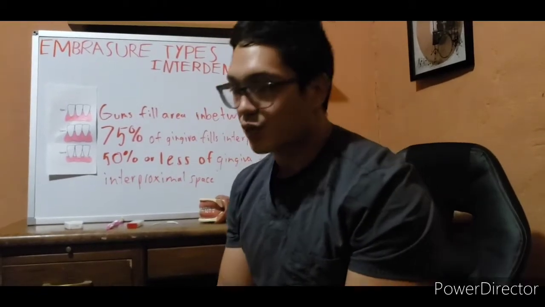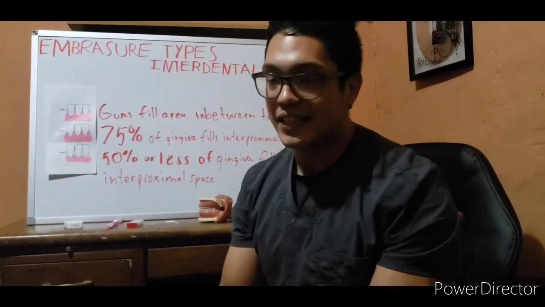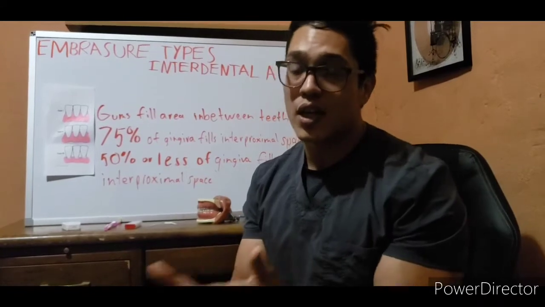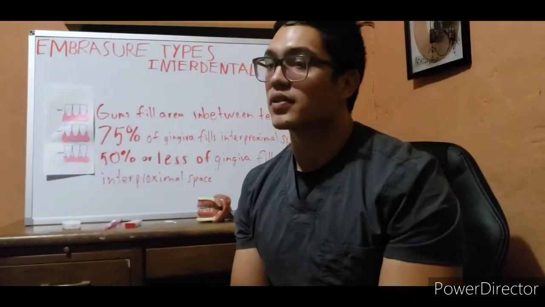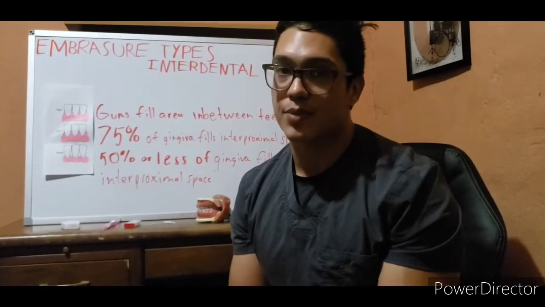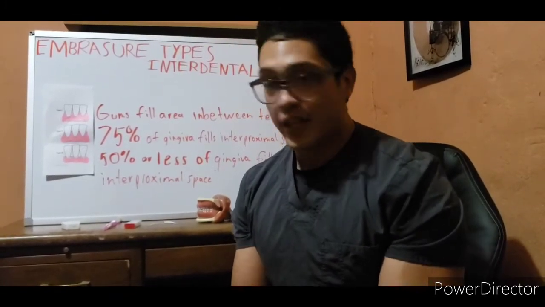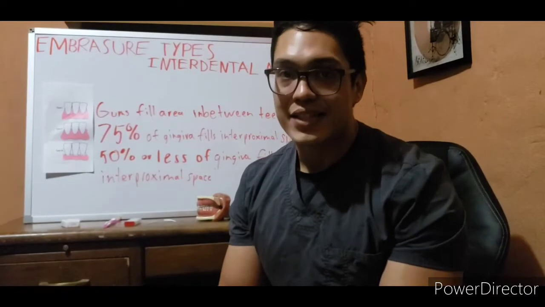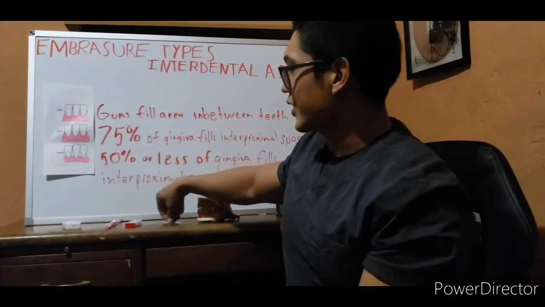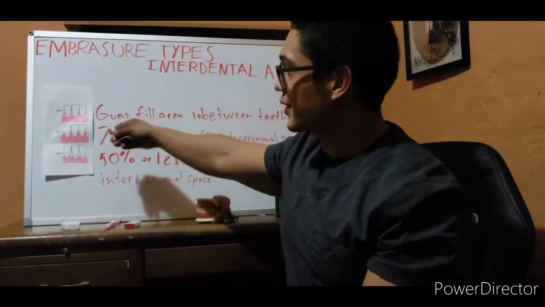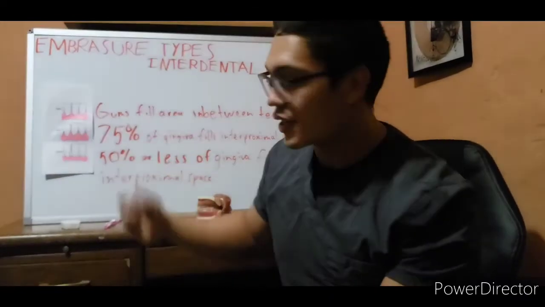So food debris or bacteria or plaque can easily be stuck in those areas, and can cause tissue destruction and cause gingivitis and, like I said, periodontitis. But thankfully, there are interdental aids that can help us remove that plaque or bacteria that can get stuck in between your teeth.